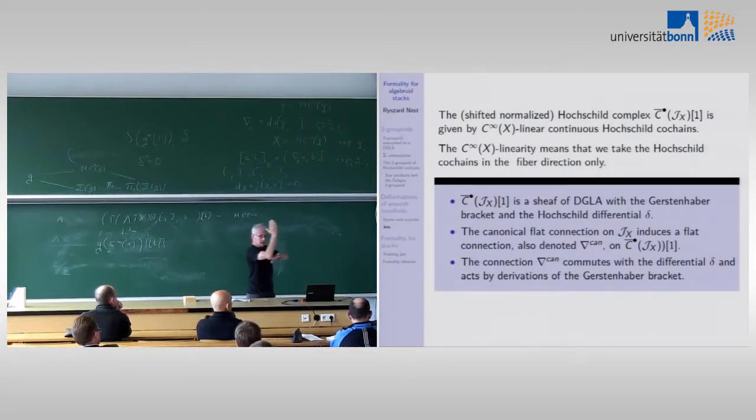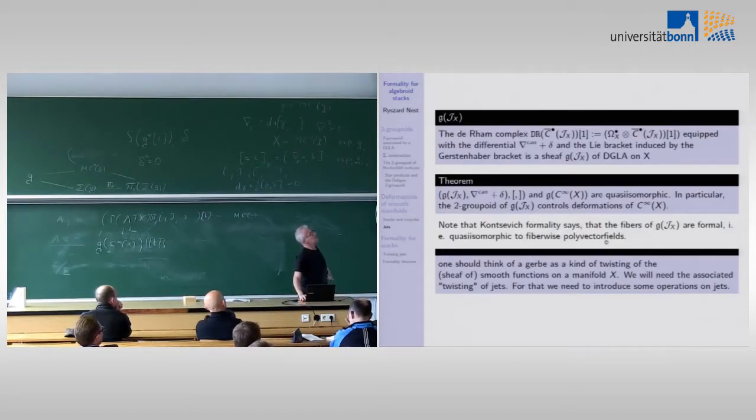Again, it is a DGLA. There is this canonical connection which commutes with the Hochschild differential and the commutative structure in the vertical direction. So I can write down a differential graded Lie algebra. So I can look at differential forms on the base with coefficients in Hochschild cochains in the fiber direction.